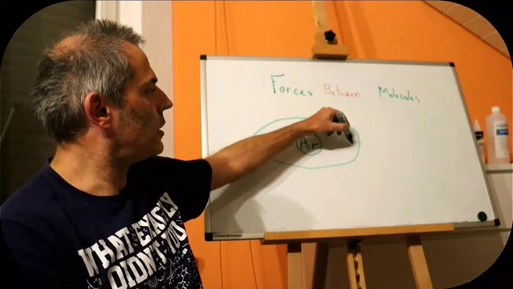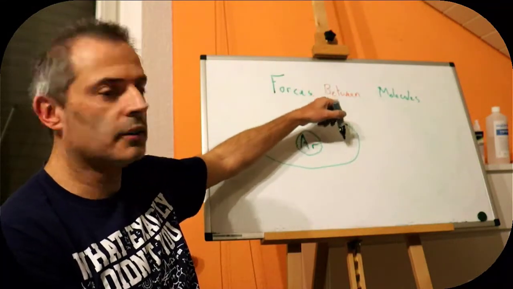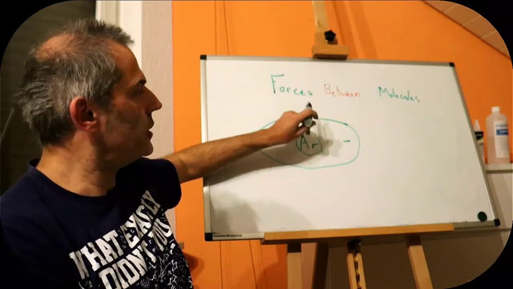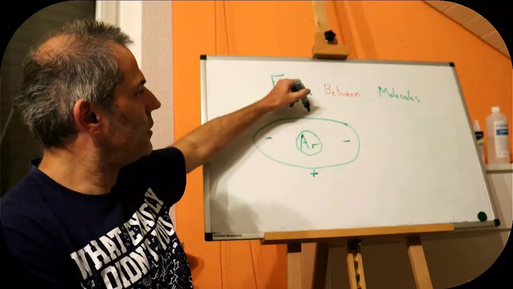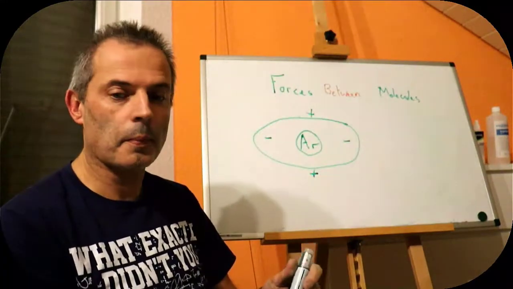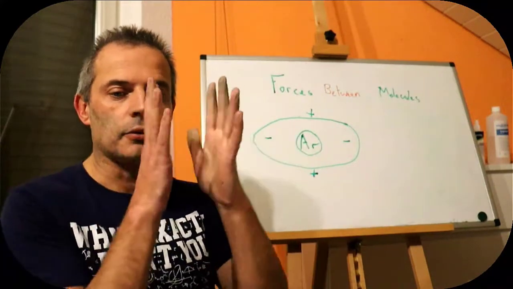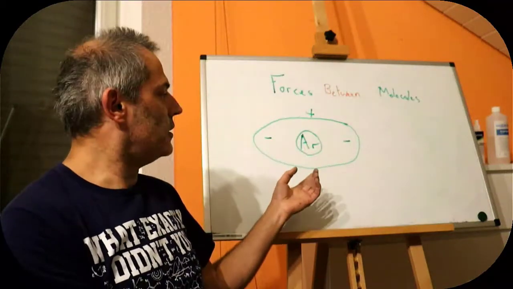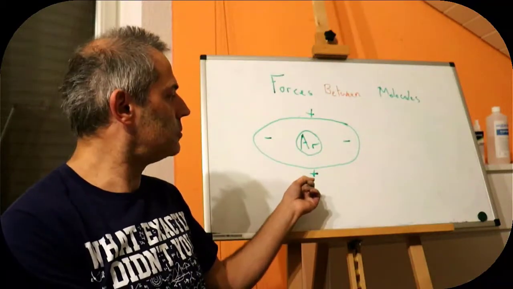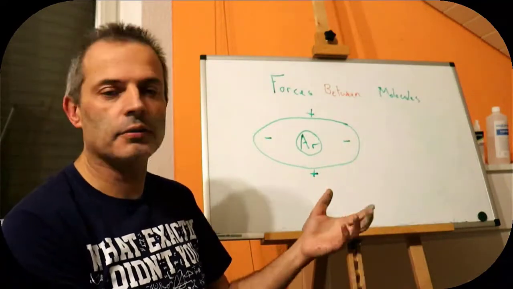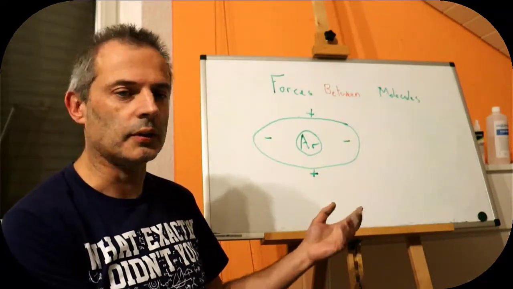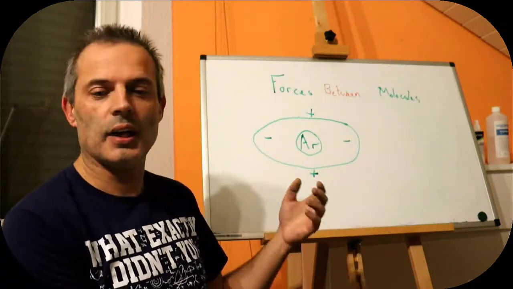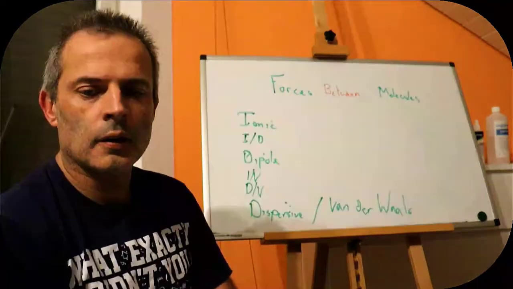So instead of having plus here and minus here, we have a negative charge on the ends, and because this electron cloud is thinner in this direction, we have a positive charge on the sides. As we're expecting the electron cloud to be pulsing from side to side, like a jelly wobbling, this will oscillate. This positive will become negative and positive, negative and positive, and the next door argon will be influenced by it. Obviously, we could have higher orders of vibration in there as well, but this will do for us.